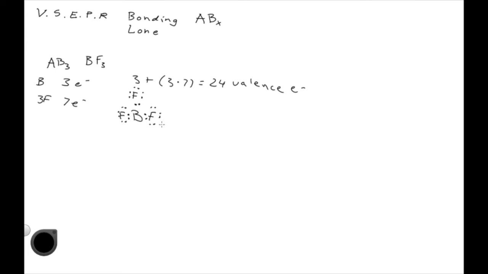So now we have the Lewis structure of boron tetrafluoride. We can redraw this using bond lines, like so. We have our boron in the center, and then we have one fluorine, another fluorine, and our last fluorine.